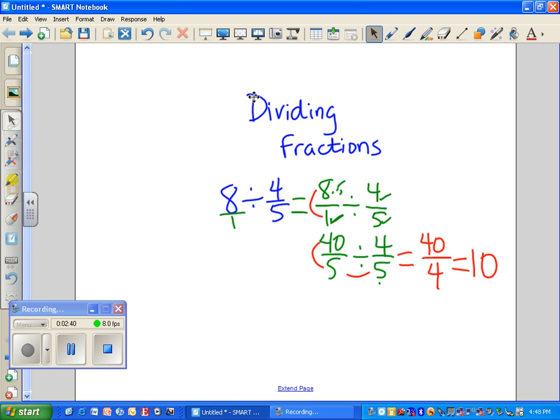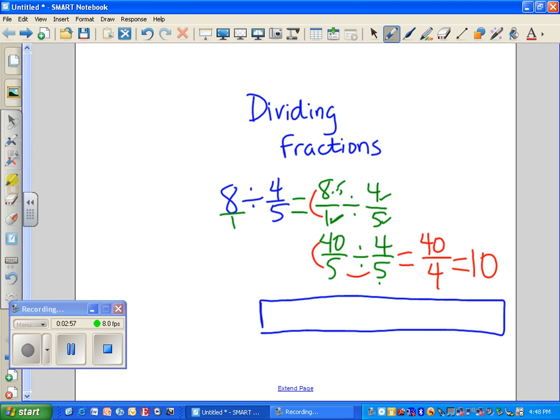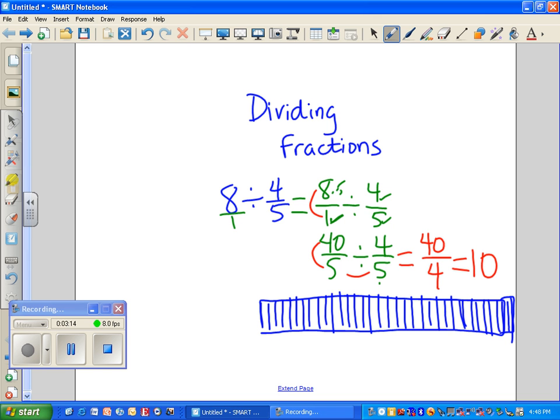My question basically turned into how many 4/5 were there in 40/5. Well, there would be 10 of those 4/5. If I put 40/5 along a straight line here, and I'm just going to roughly break this down into fifths, 1, 2, 3, 4, 5, and so on, up to 40/5.